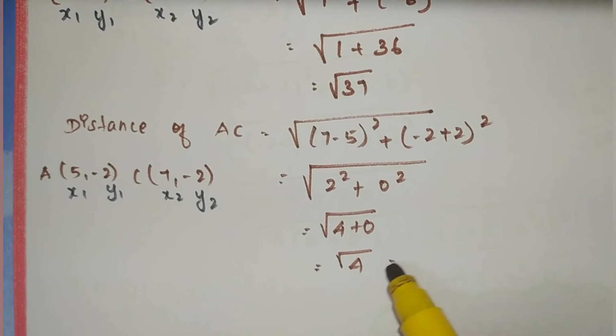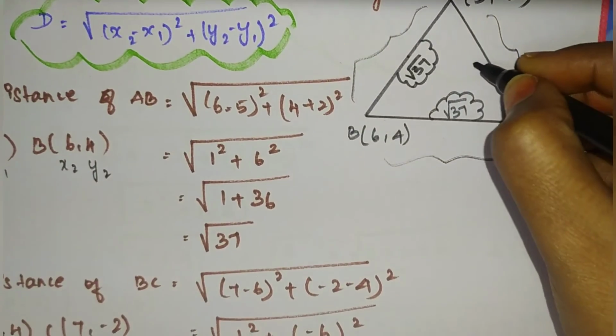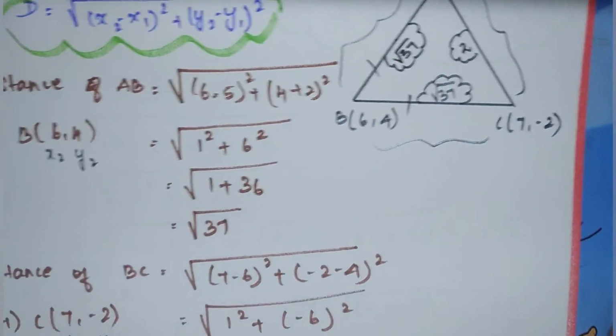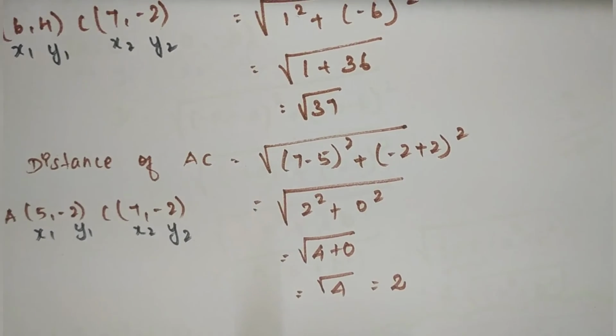So the distance of AC is 2. Anyway, two sides are equal, so this triangle is an isosceles triangle.